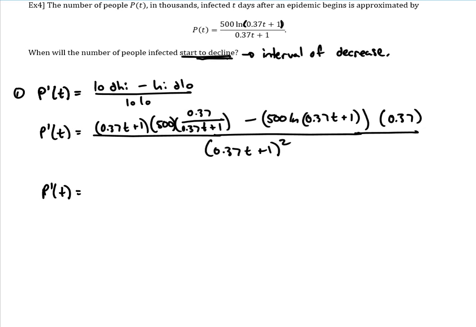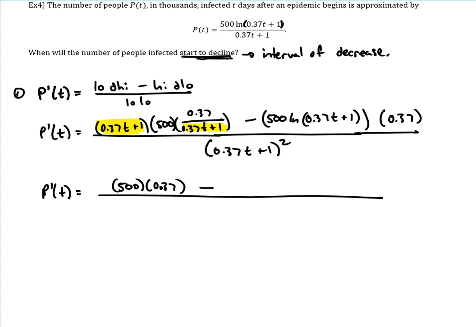Now looking at P prime of t, let's get a big fraction bar. They're real nice with the numbers here, because this will cancel with this. It's the same thing divided by itself, so they become 1. What we really have is just 500 times 0.37 for the first part of our numerator.